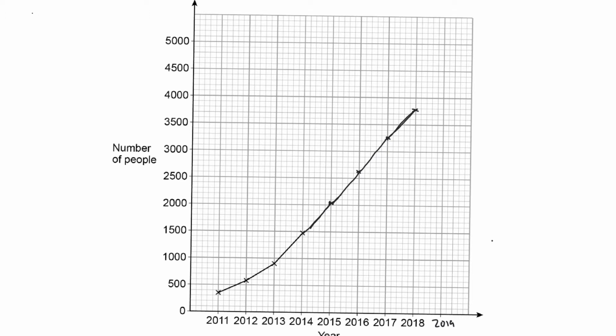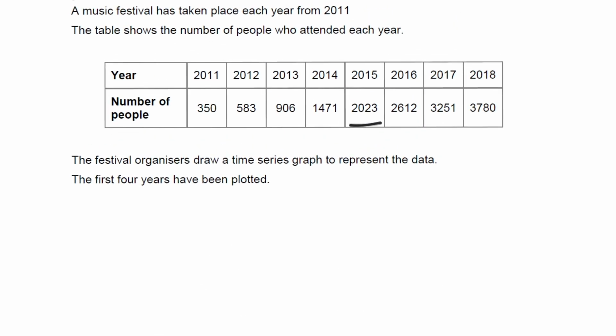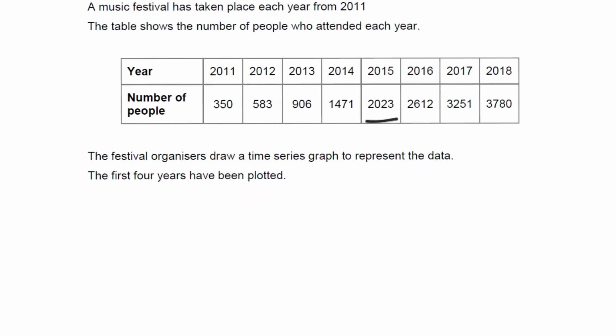So let's look at the rate from where we've drawn. Let's look at the table. Okay, so we can see that approximately it's about just over 550 each time. Now as a shortcut, I'm going to work out the difference between 3,780 and that 2,023.